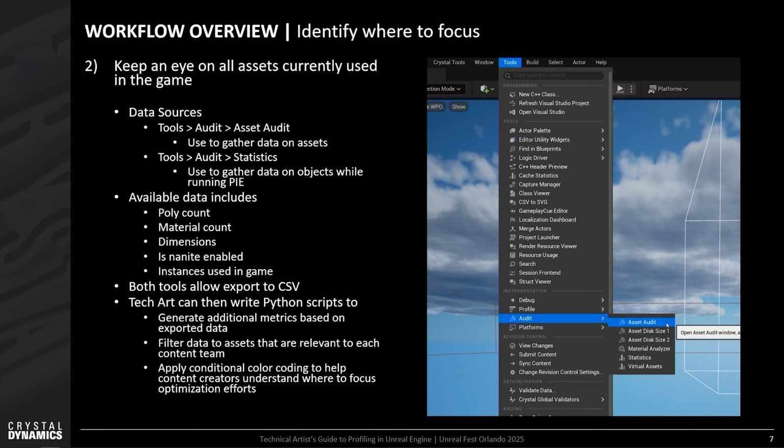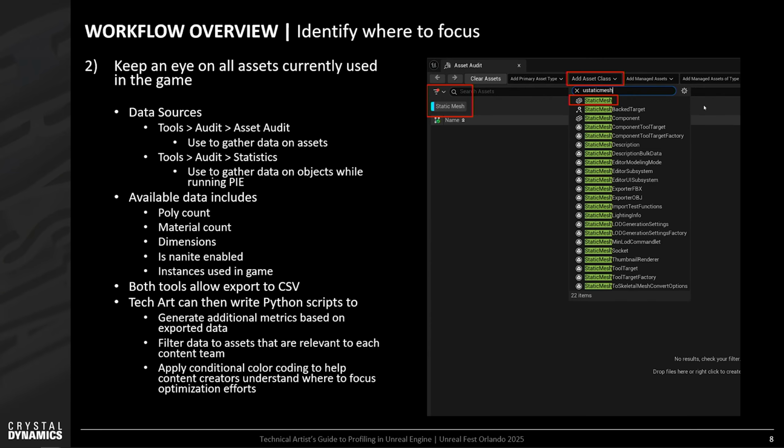Secondly, we can keep an eye on all assets currently used in the game. And there are a couple really good tools for doing this. The first one is Tools, Audit, Asset Audit, which you can see on the right-hand side. And this is really helpful for gathering data on assets.